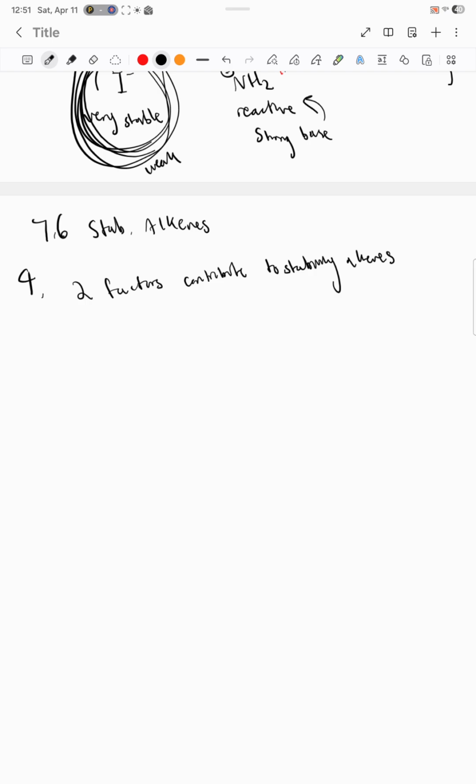Well, we know that there are 2 factors. One is steric effects. We'll explain this in a minute. Or 2, it's known as degree of substitution.